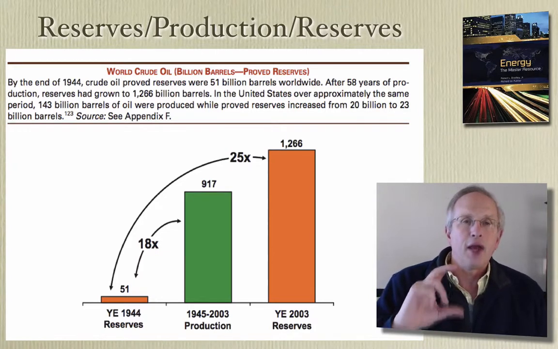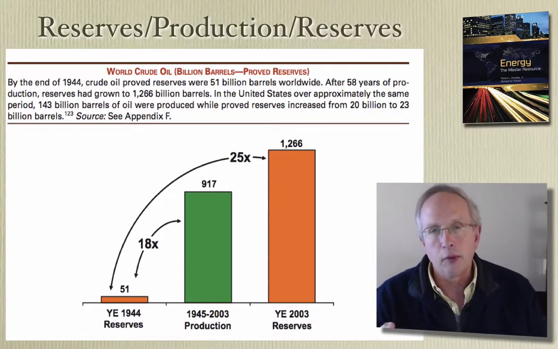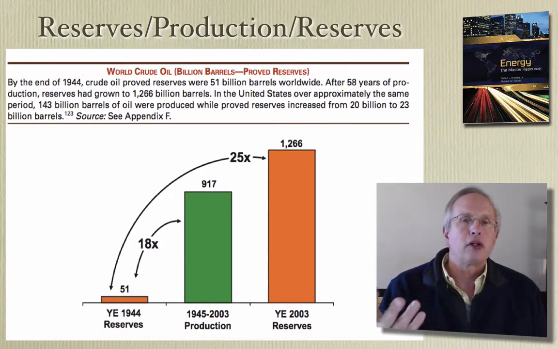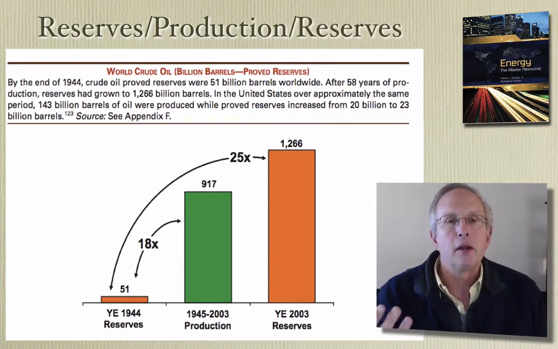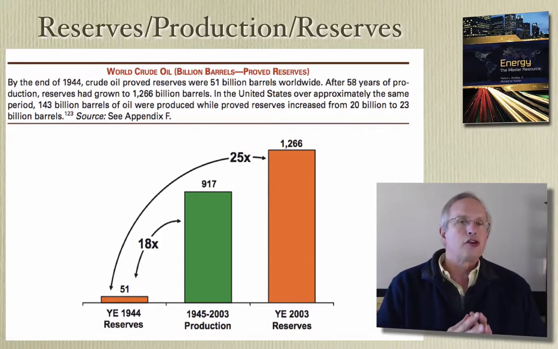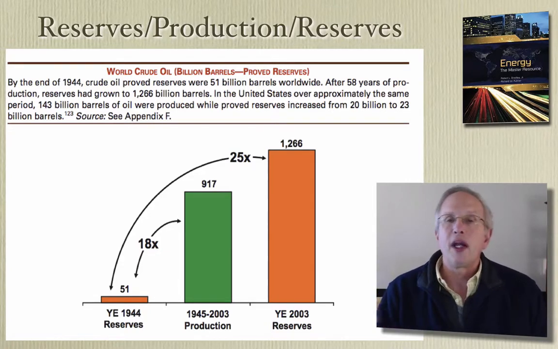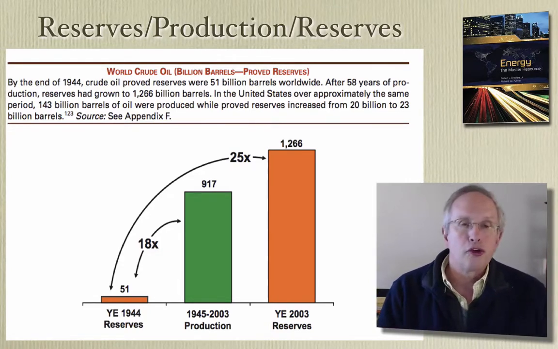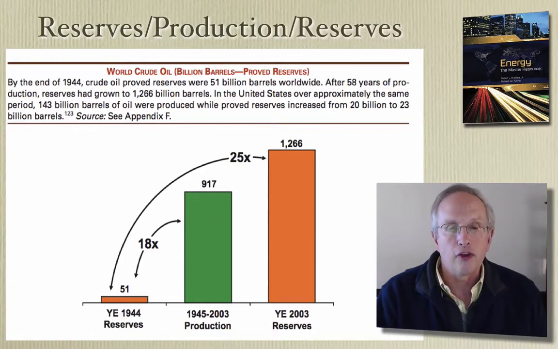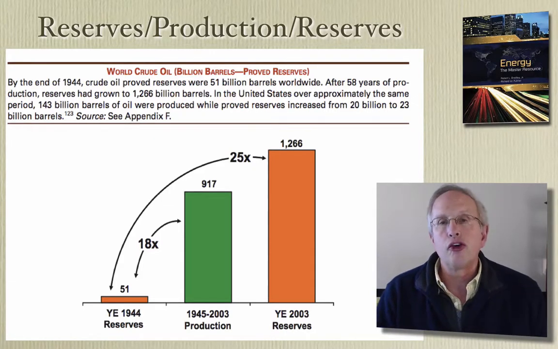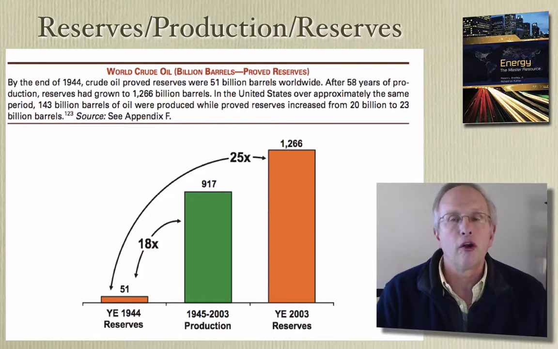And at the end of consuming 18 times more, they had basically 900 billion more barrels in reserve. So what that means is technology is discovering oil far faster than we're using it. By 2003, the reserves are 25 times what the reserves were in 1944, even though we've consumed vastly more oil than we ever thought we had.